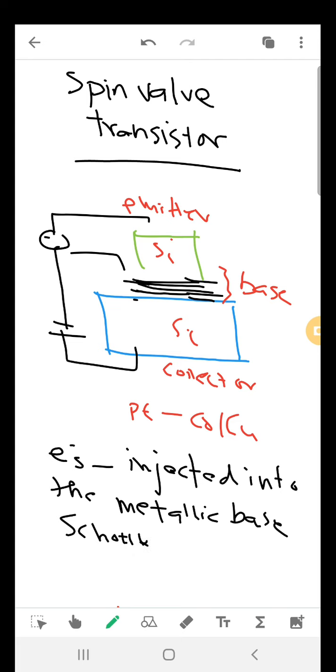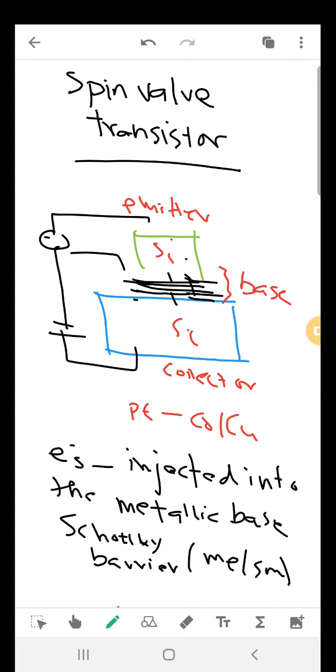It is called a Schottky barrier, a metal semiconductor barrier. So there is a Schottky barrier here, and there is a Schottky barrier here. It crosses the Schottky barrier from emitter to base, and then it passes through the spin valve. This is called the spin valve, and then it goes to the opposite side, which is the collector. This is how the device works.